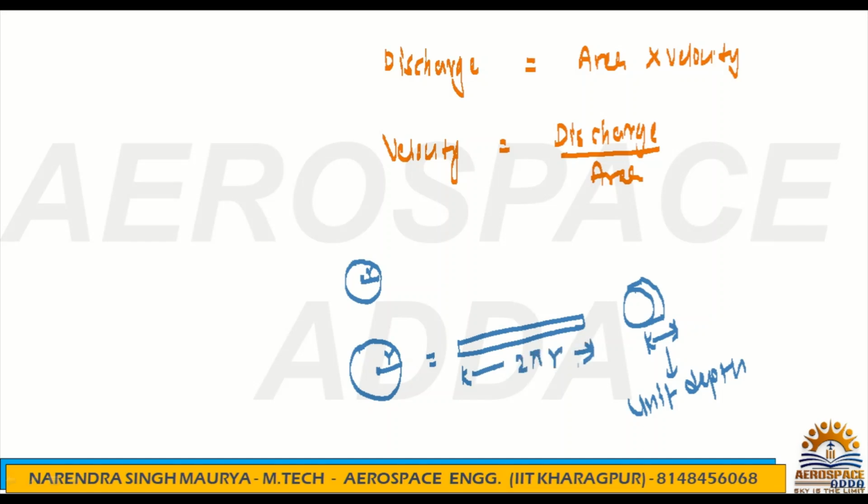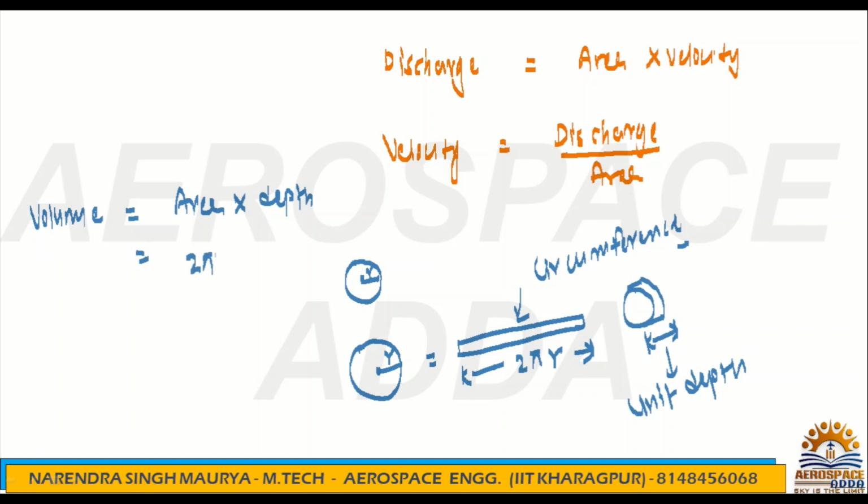Obviously it's a circumference. Now what is the volume? Volume is area into depth. The area is 2 pi r, and depth is unit depth.